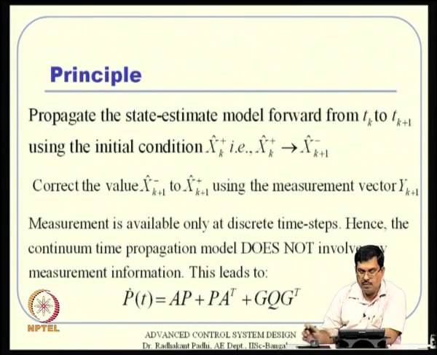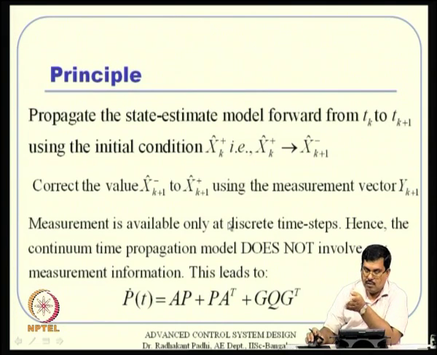In principle it is similar to what you have seen before. What it tells us is to propagate the state estimate model forward from Tk to Tk plus 1 using the initial condition, and correct the information whenever the measurement is available. That is what I told you before.